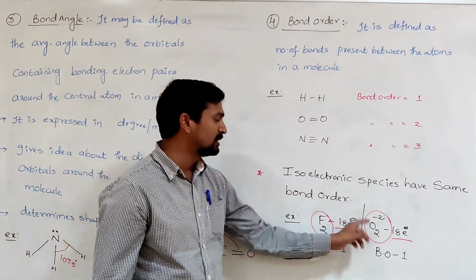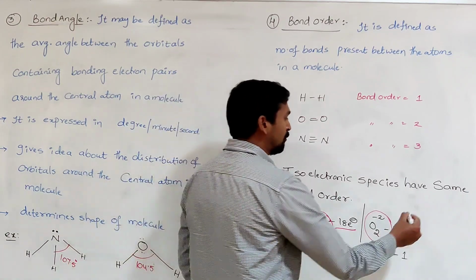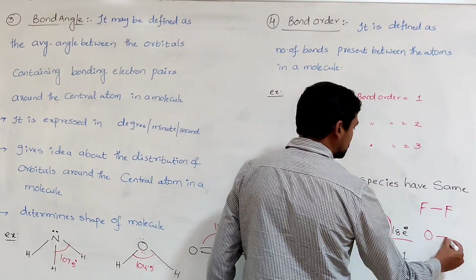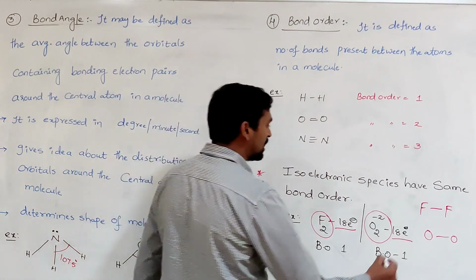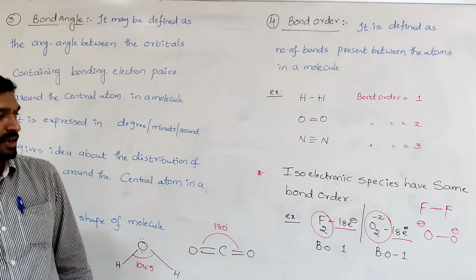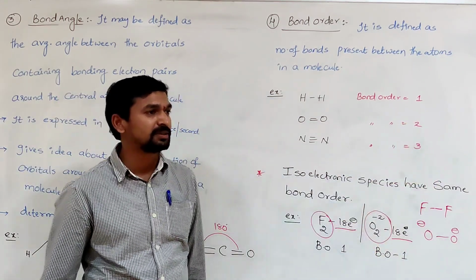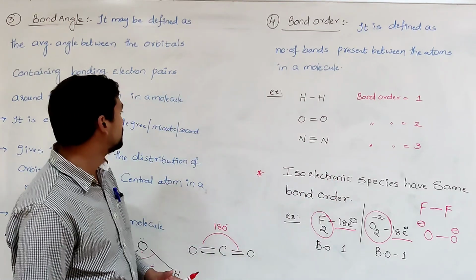So in both cases the bond order is the same, the bond order is 1. That means fluorine and fluorine are linked together by a single bond. Oxygen and oxygen are also linked together by a single bond, with each one carrying a -1 charge. So in both cases the same type of bond is present. That's why isoelectronic species always have the same bond order.